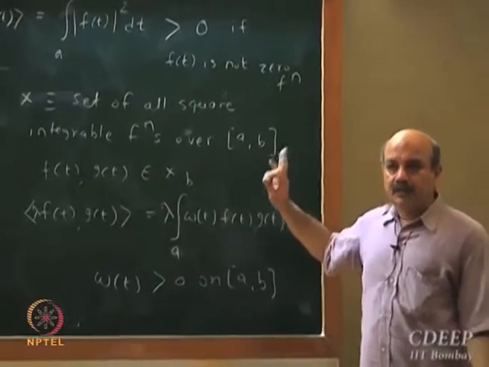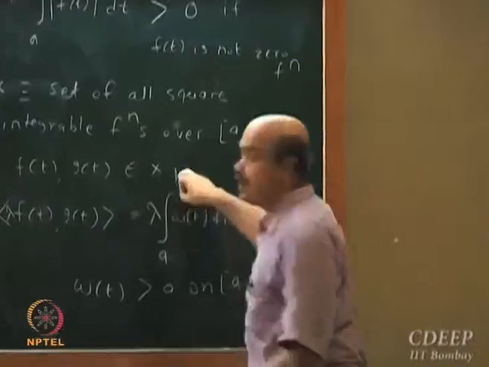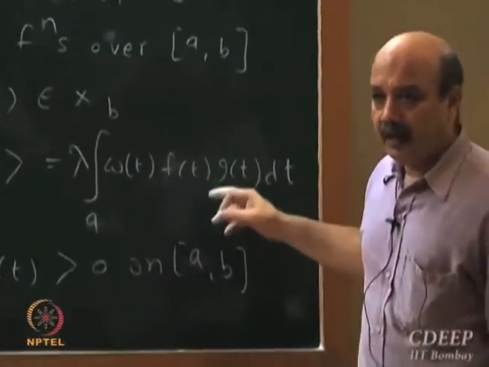It has only positive values in the interval [a, b]. This is my interval [a, b] on which the inner product is defined, on which the space is defined.